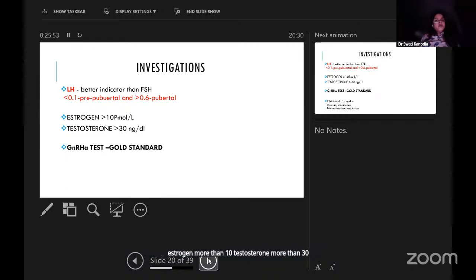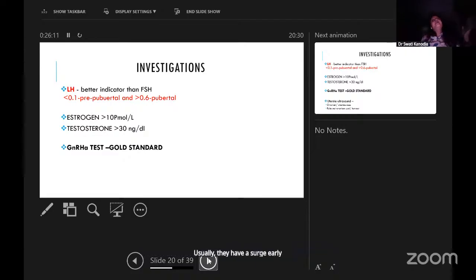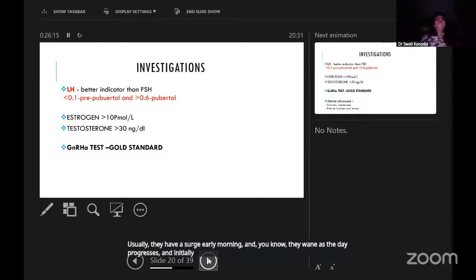The GnRH analog test is considered to be the gold standard because LH, FSH, and these gonadotropins have pulsatile secretion, so they're not secreted in the body the same way the whole day. Usually they have a surge early in the morning and they wane as the day progresses, and initially when puberty is just starting, their secretion can be very variable.